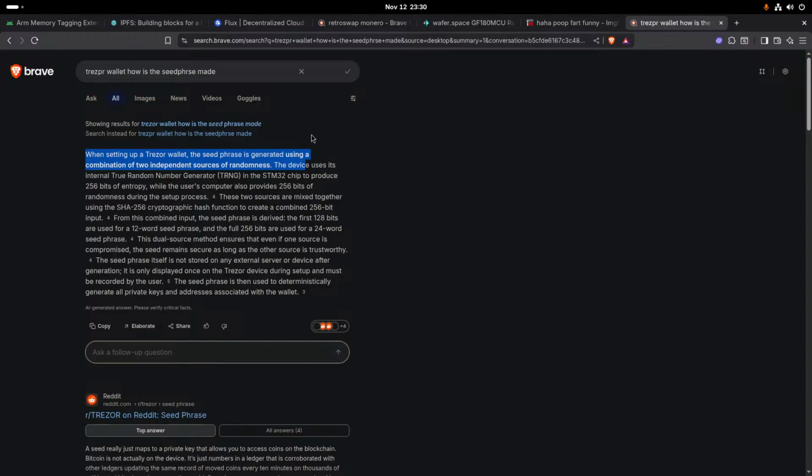These two sources are mixed together using the SHA-256 cryptographic hash function to create a combined 256-bit input. From this combined input, the seed phrase is derived. The first 128 bits are used for the 12-word seed phrase, and the full 256 bits are used for the 24-word seed phrase.